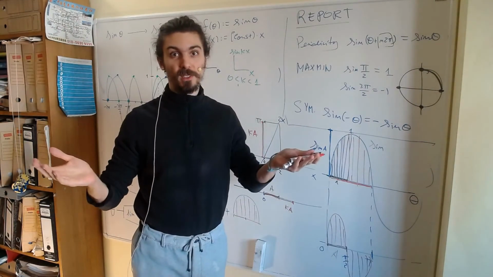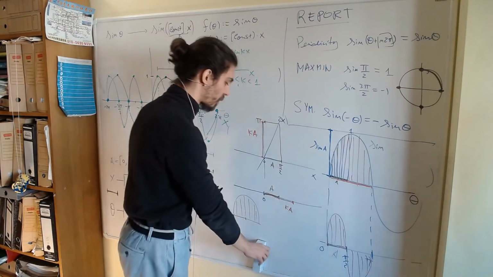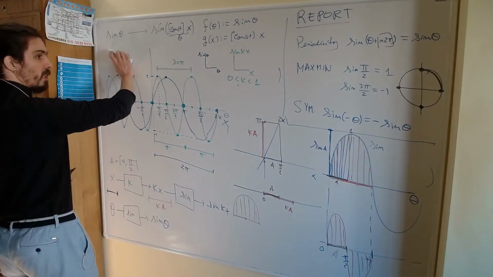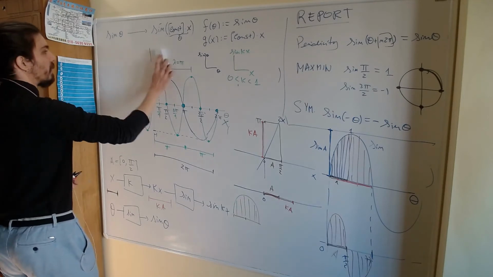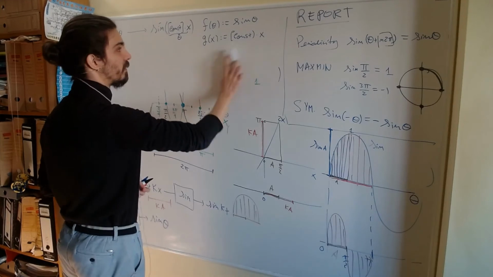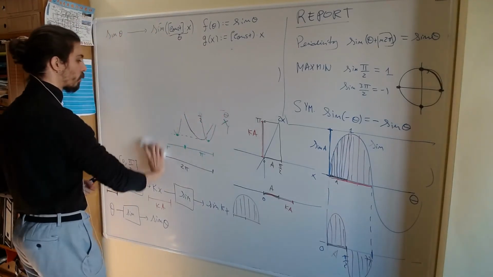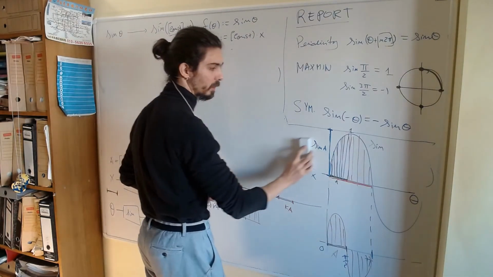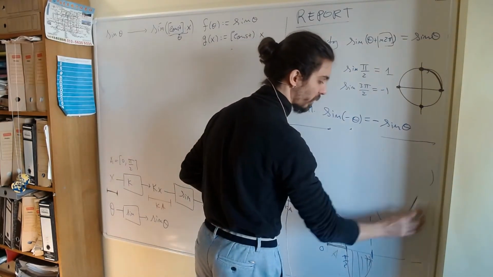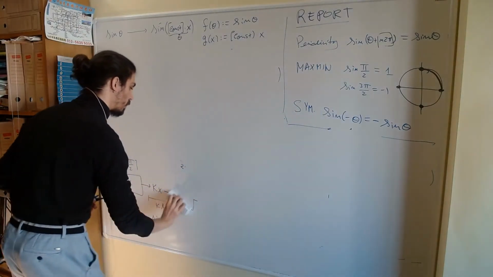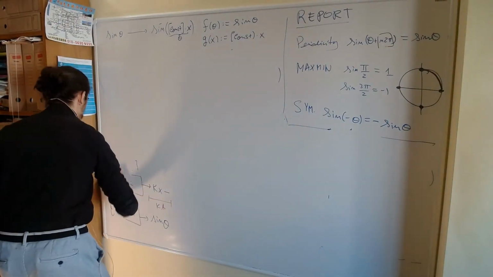Now I want to focus on the last kind of transformation. The last kind of transformation will be slightly different from this, because so far we only considered multiplications. You either multiply the outputs or you multiply the arguments. Well, now let's consider summing. Let's sum a constant to the inputs.